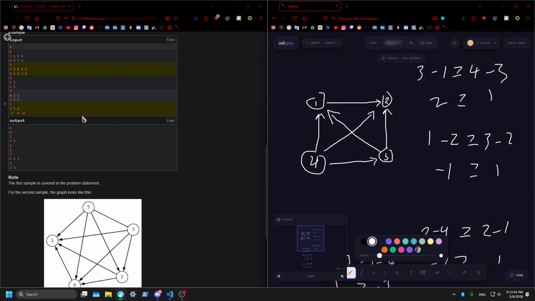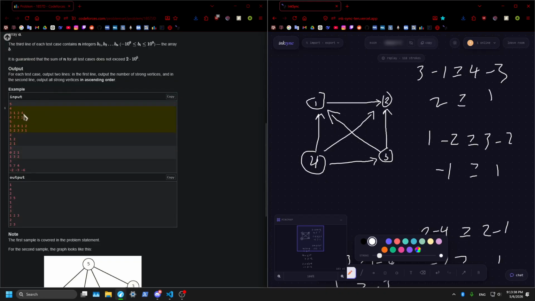So we compare 4 against every other node. Right. This is less than this.